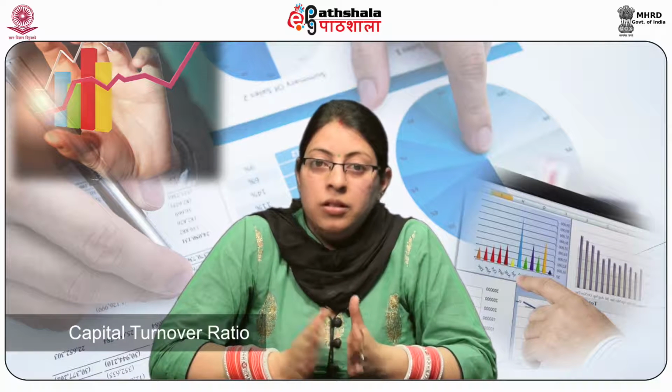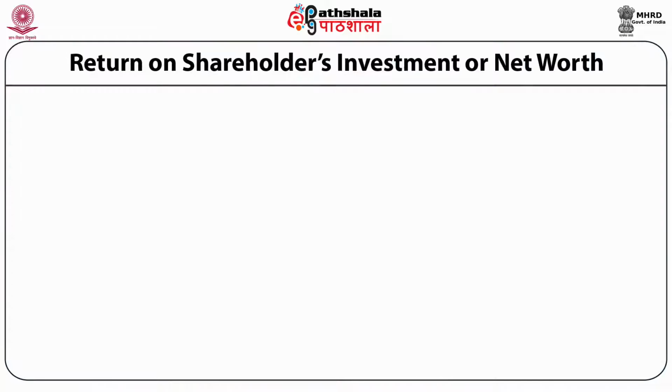Third, earning per share. Next, return on capital employed. Next, capital turnover ratio. Next ratio is return on shareholders' investment or net worth.